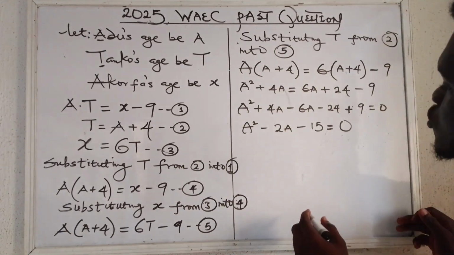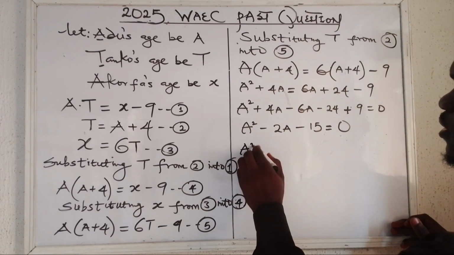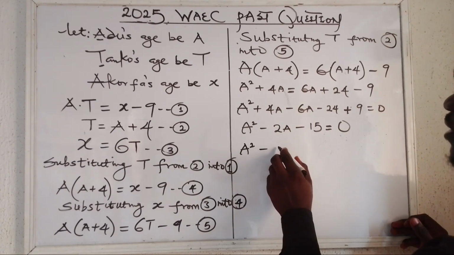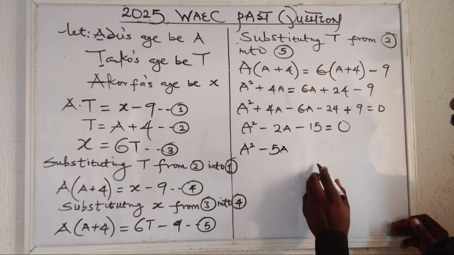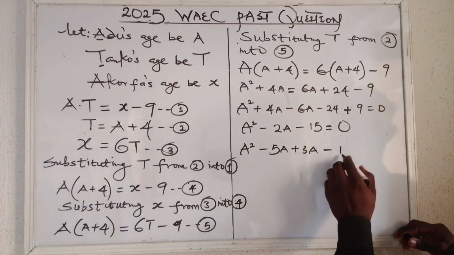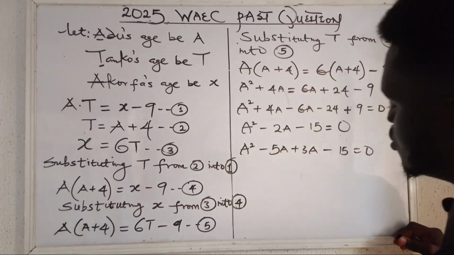So from here, since we've already had this, you can just say a square minus, okay, there you say minus 5a, yes, plus 3a, then minus 15 equals 0. Yes, this is what you get.